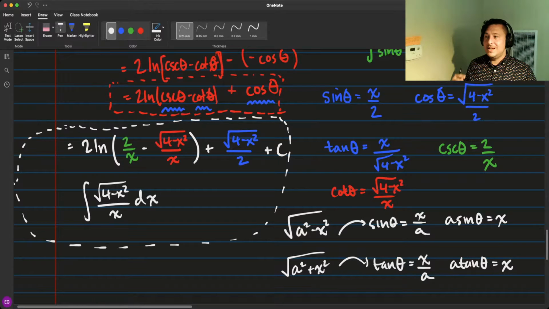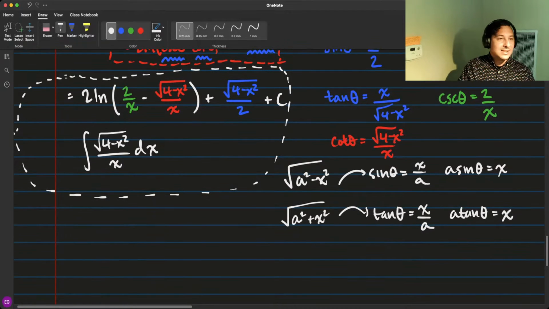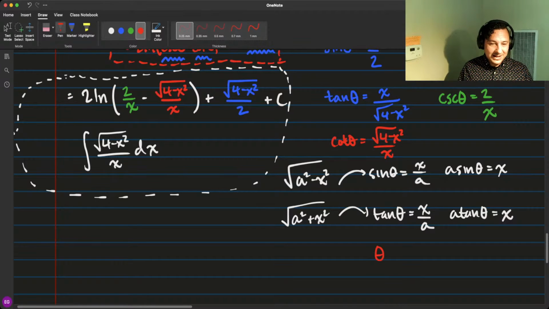And then you get your antiderivative, but your antiderivative has all these thetas, and then you have to resubstitute all the stuff back in, right? So the substitution you're going to end up making to fix the problem that you created is that theta equals the sine inverse of x over a, or theta equals the tan inverse of x over a.